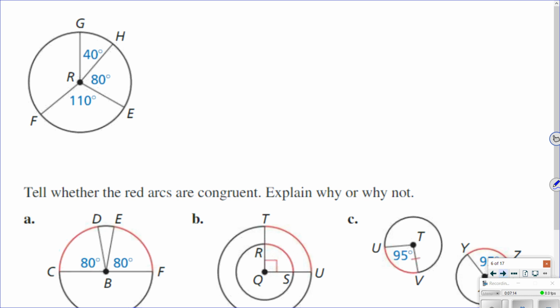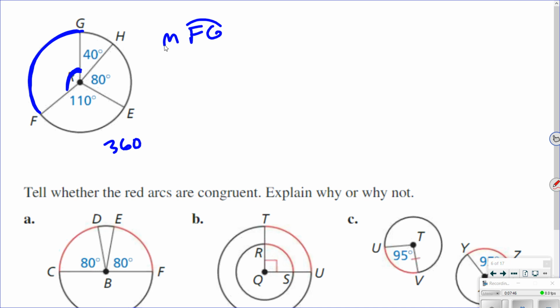Real quick example of that. Let's say up here I was trying to find the measure of arc GH. Actually, let's not do GH. Let's do the measure of arc FG instead. First of all, identify the arc. Here's arc FG. Identify the central angle that goes with it, that angle. If I can find this angle, I'll know the measure of that arc. To find that angle, I can go 360 minus all these other angles, right?